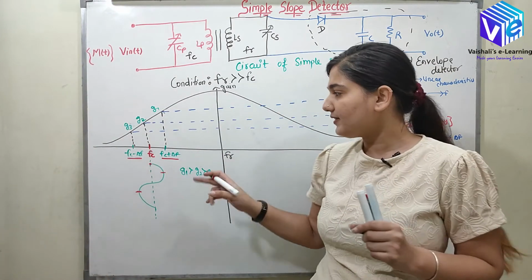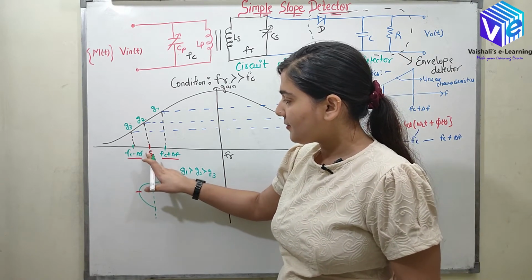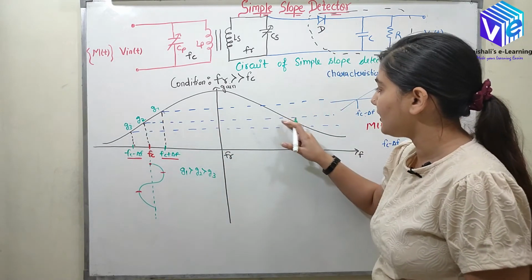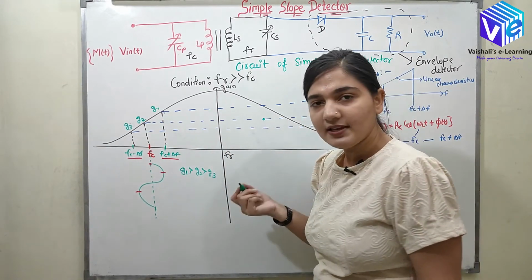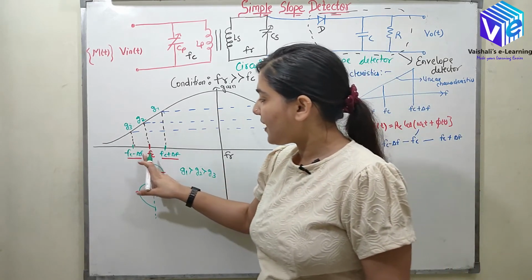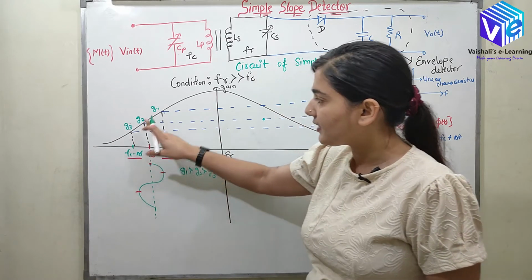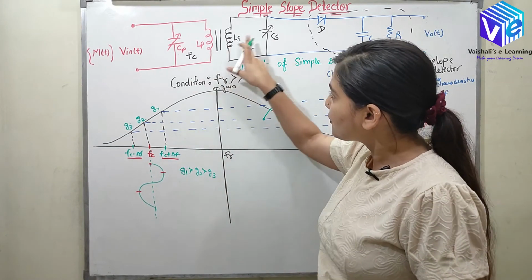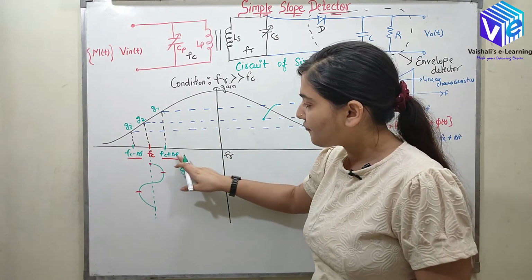When the frequency is Fc, it is represented by G2 gain. Here if I draw my signal, I'll have the gain. Now whenever I increase the frequency, the gain is increasing. So the output produced here will have higher gain at higher frequency.